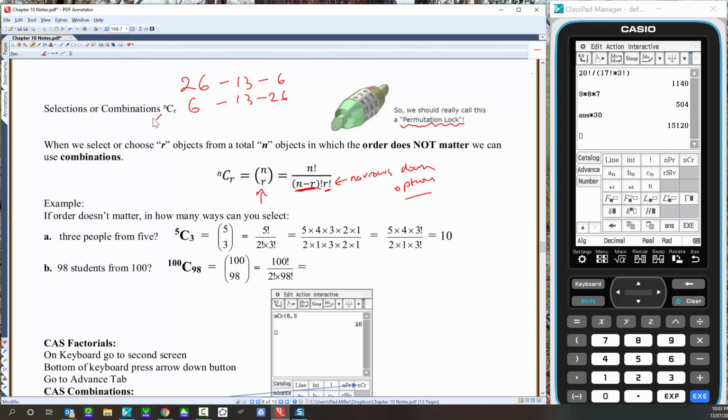Now, really it should be called a permutation lock because order matters. You can't have a combination of 26, 13 and 6 and go, well, I'd prefer to enter 6, 13, 26. That is it. That arrangement is different from this arrangement here, and therefore we can't use the word combination. You see, I was about to use it then, because I'm so used to calling it a combination lock, but it should be called a permutation lock.